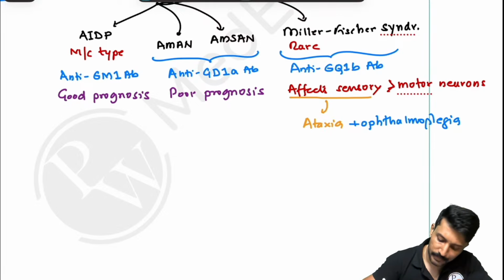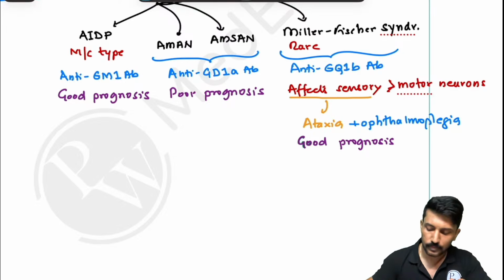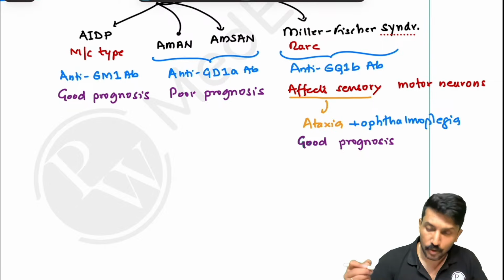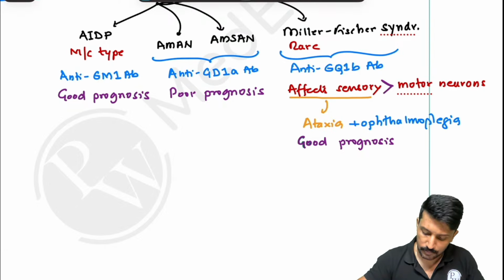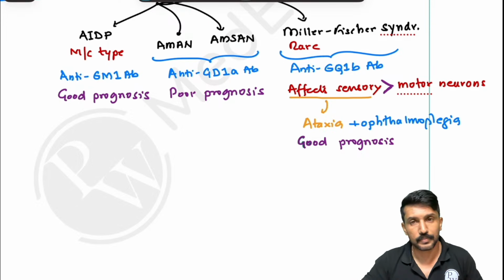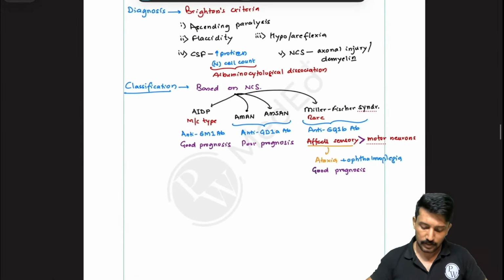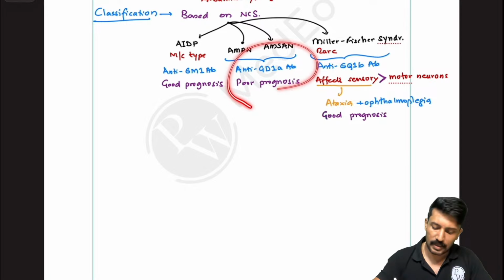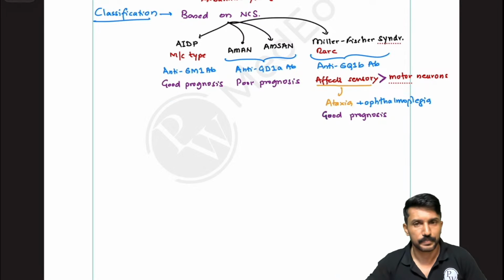And because of that it carries good prognosis, because motor neurons are not affected much. There is minimal to no motor weakness. Okay, clear? These are the subtypes. Subtypes basically help me to understand the prognosis. These carry poor, these carry good.